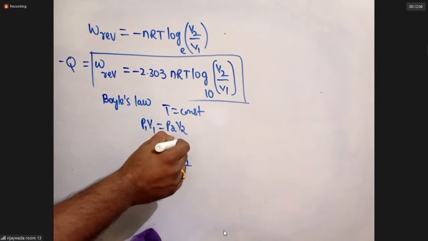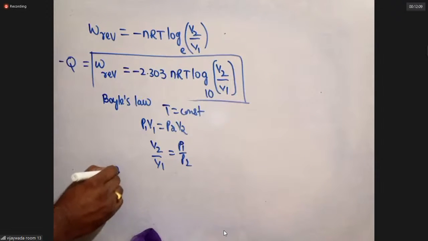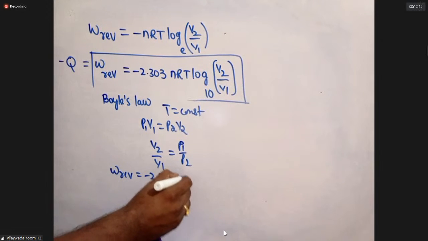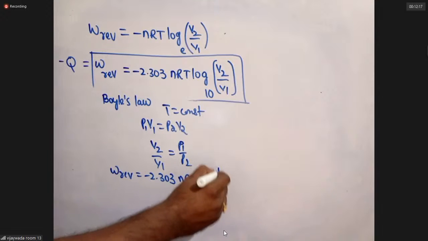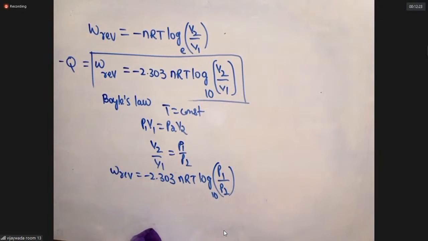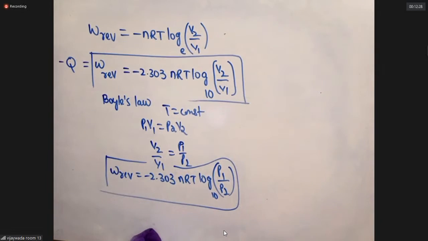In case they give pressures, P1 initial pressure and P2 final pressure, then work done reversible is minus 2.303 nRT log P1 by P2 base 10. This is another important equation. So if you get questions on expansion of gas and volumes are given, you can use the first equation. In case pressures are given, you can use the second equation, where P1 is the initial pressure and P2 is the final pressure.